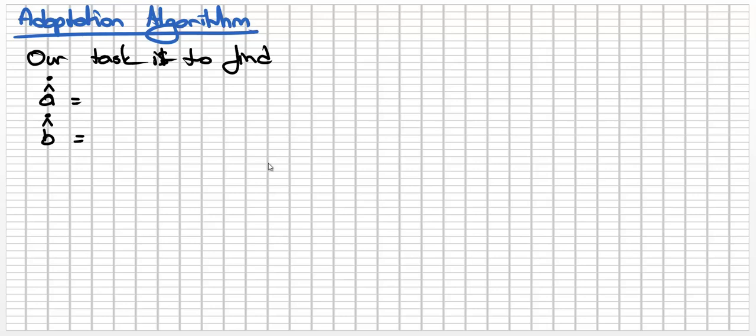Okay, and so I can write it down like A hat dot is equal to F1, which depends on Y, U, and Y hat. With a similar case, B hat dot is equal to F2 of Y, U, and Y hat. These are the basic algorithms, depending on Y, U or Y hat.